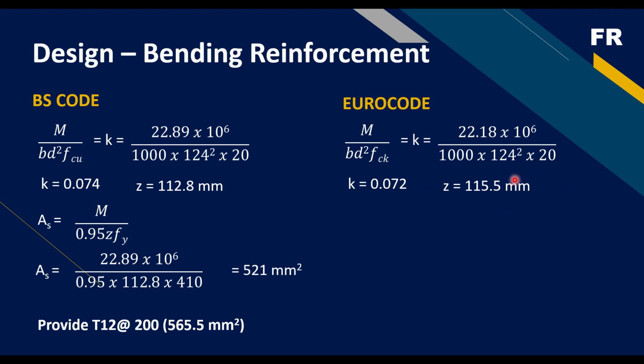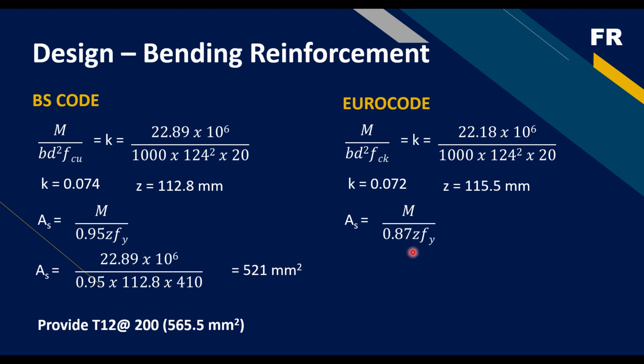the same thing, but the formula for calculating Z in the Eurocode is quite different from the one used for the BS code, but they are almost the same if you look at it. To see that formula, you can check the Eurocode or you can take the course. So the formula for As, we reduce this factor of 0.95 in the BS code to 0.87.